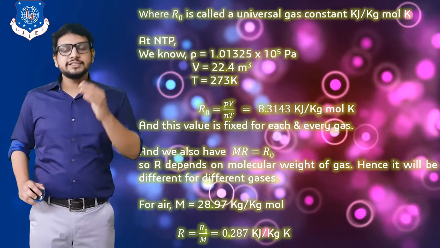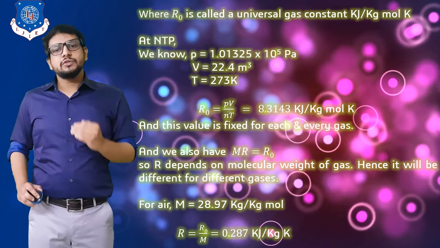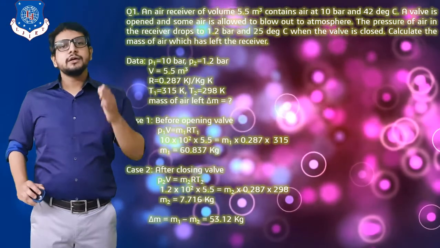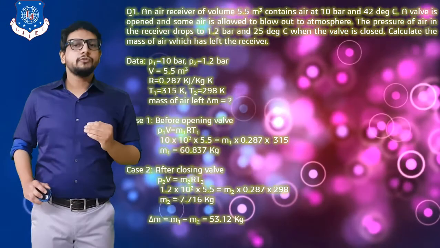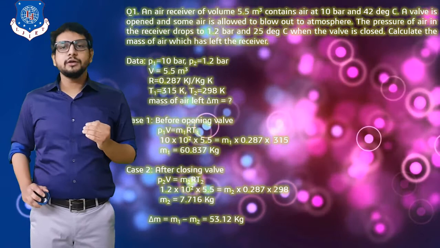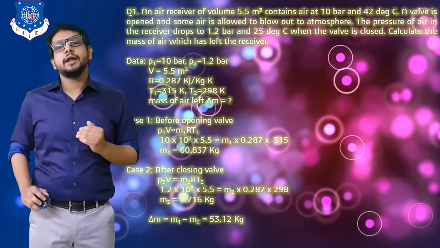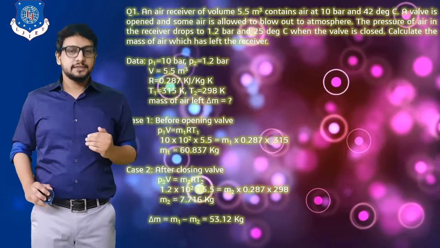Okay, so now we are seeing numericals based on this topic. Let's see our first numerical. The question is on your screen. As you can see, an air receiver of volume 5.5 meter cube contains air at a pressure of 10 bar and 42 degrees Celsius.